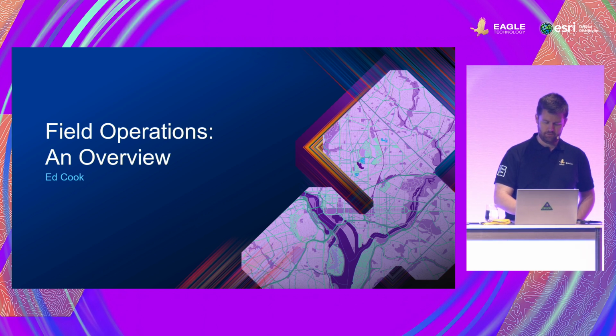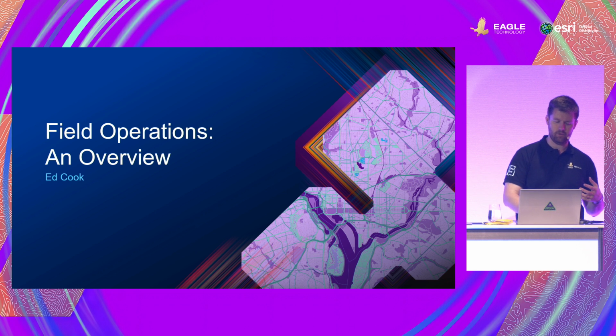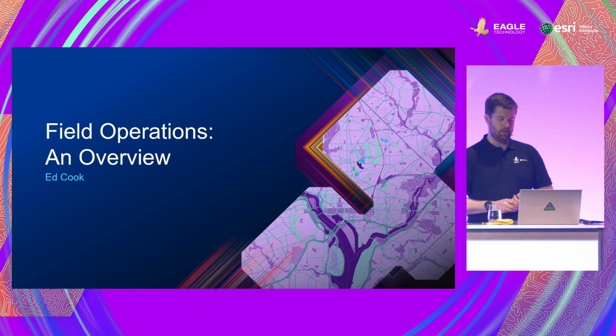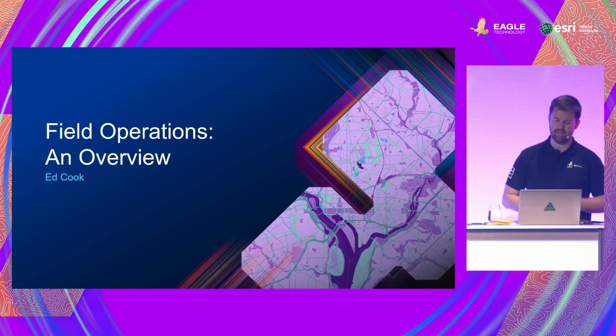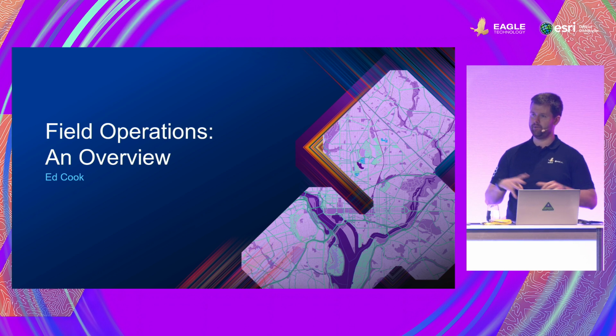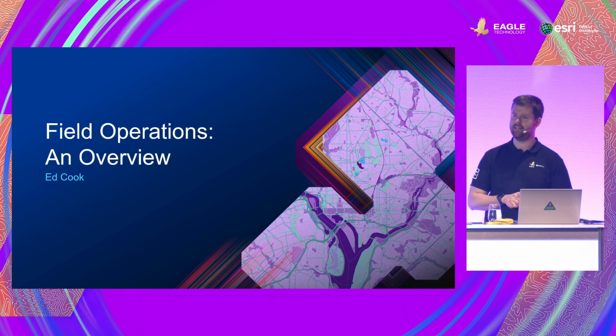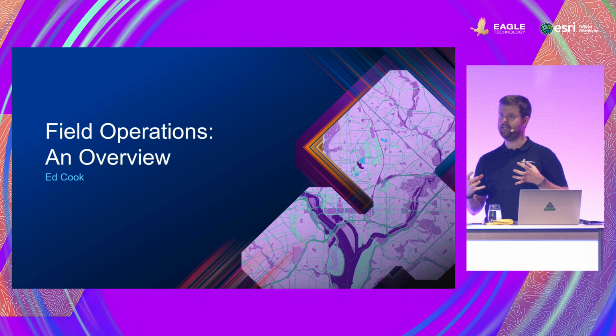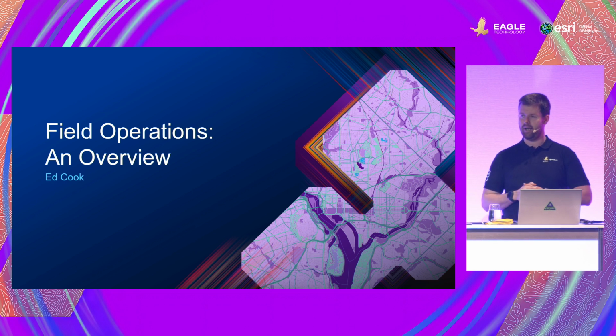And we're just going to run through a little bit of an overview. So field operations is a pretty big area, which I think every sector that uses GIS has some form of workflow that requires being out on site, outside the office, and needing these tools to help capture, modify, or just view information that's out there.